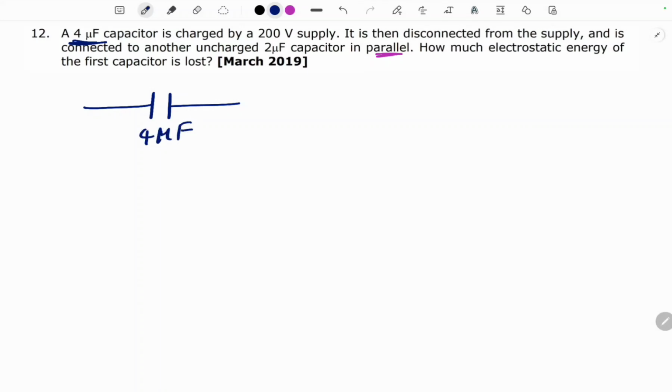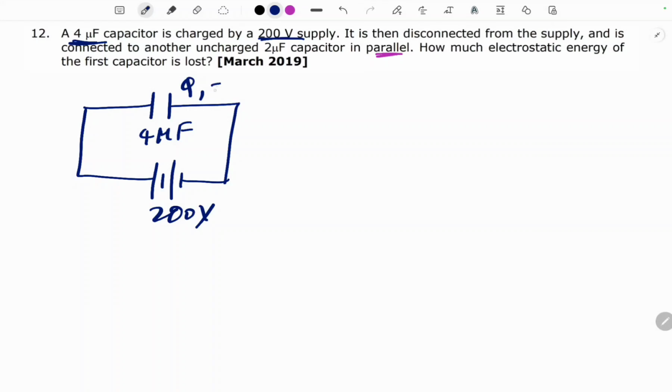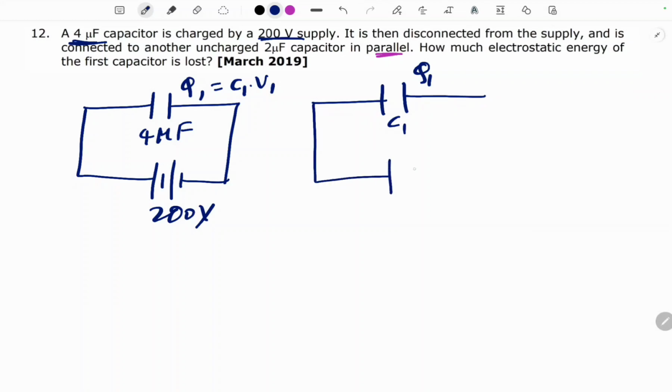Let me explain the concept here. First, this one is charged by using a battery of 200 volt power supply. So this will get a charge. Let me consider this is Q1 and that is equal to C1 into V1. Then in the second case, the same Q1 charged capacitor is connected in parallel with another capacitor whose value is 2 microfarad.